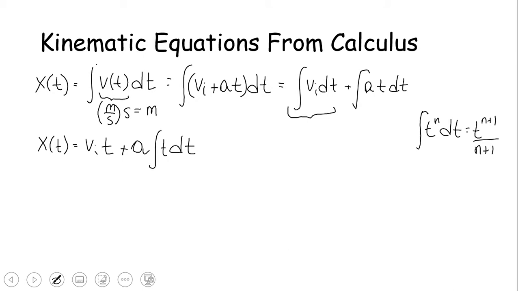So in this case, t is to the first power. So if we add 1, it becomes t to the second power, and we have to divide by 2. That means that we can write 1/2, which is the same as dividing by 2, times a times t squared. And to that, we add another constant, which we call d, so that we don't confuse it with the previous constant of integration.